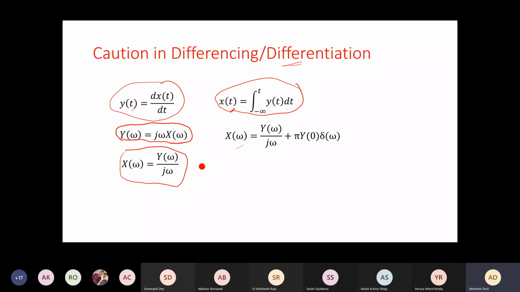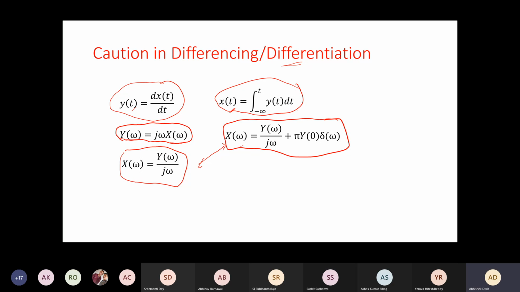Now these two answers are different, right? They are not the same. So which one is correct? Of course, this one is correct. Why is this one correct? Because in differentiation and in differencing, sometimes we kill the DC value of the signal, right?